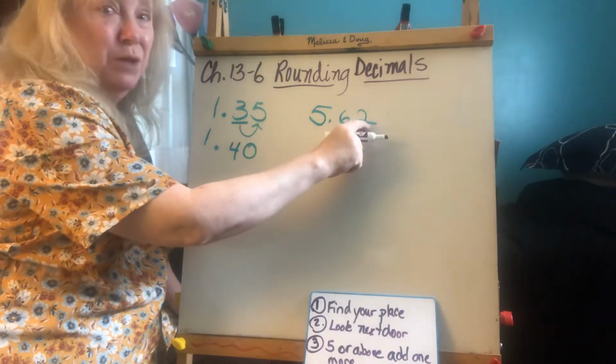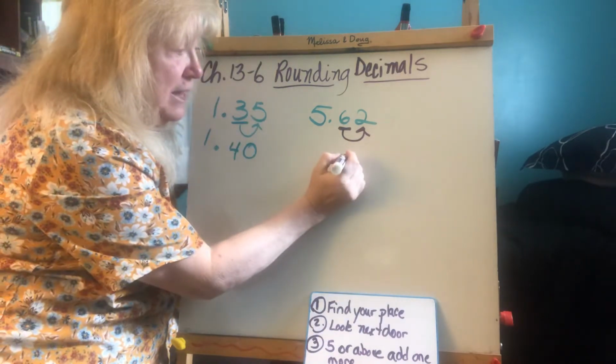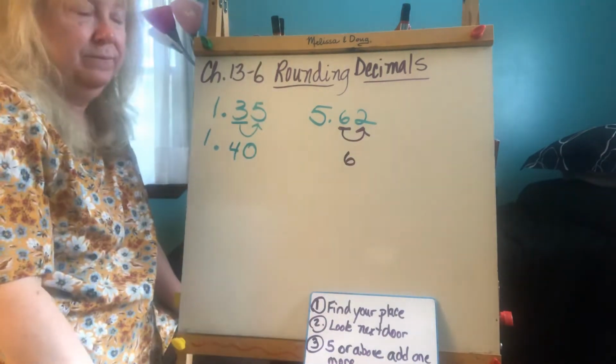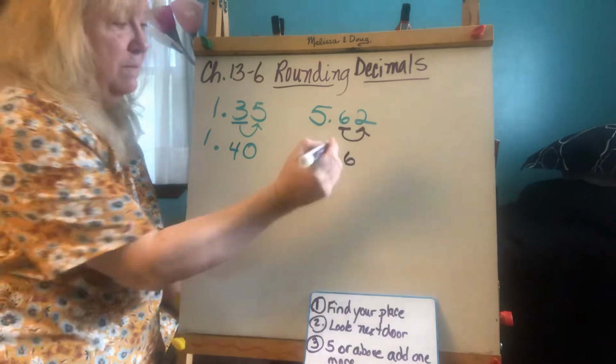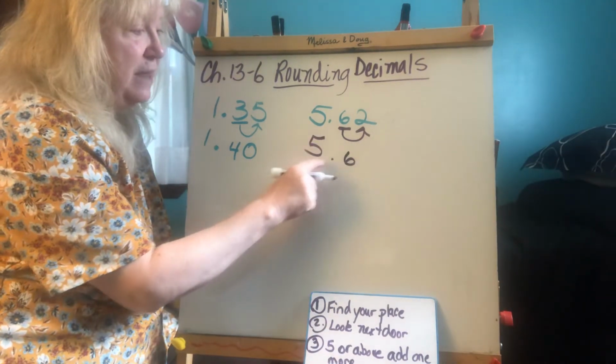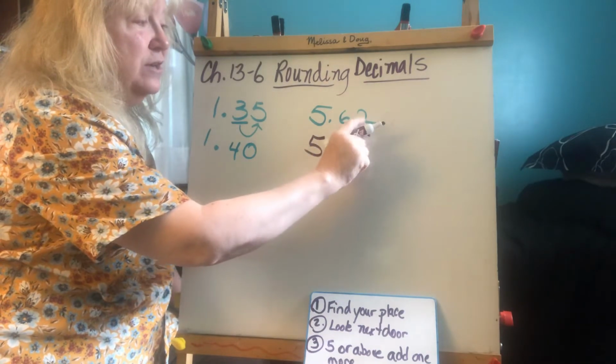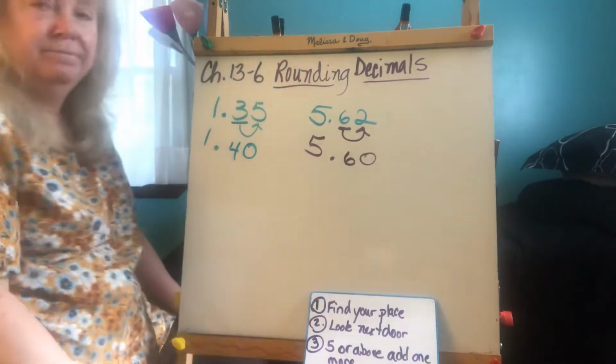So that's below, right? 2 is below. So the one that's going to stay the same is the 6. Everything before stays the same. So the 5 stays the same, the decimal point stays the same, and everything after zeros its name.